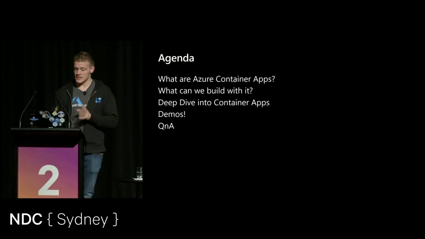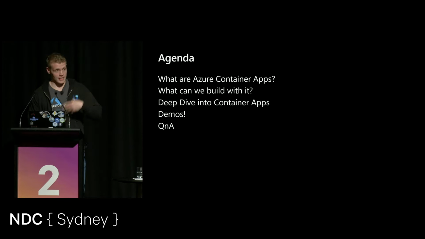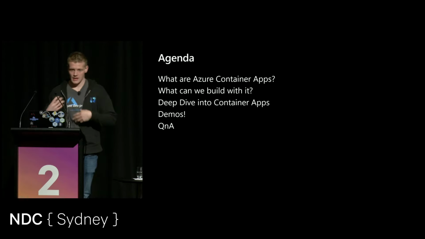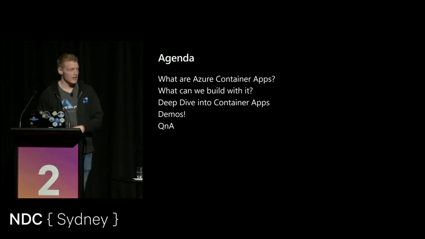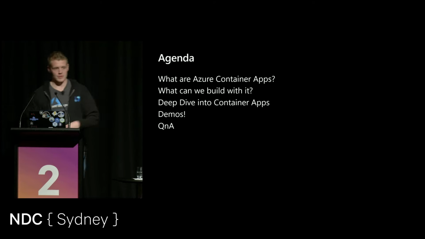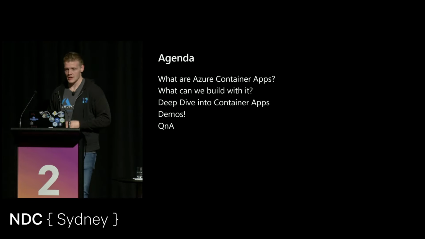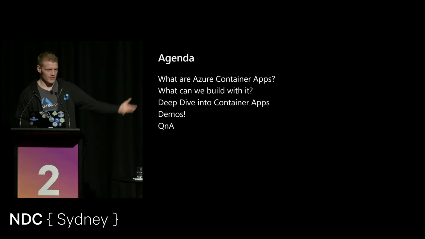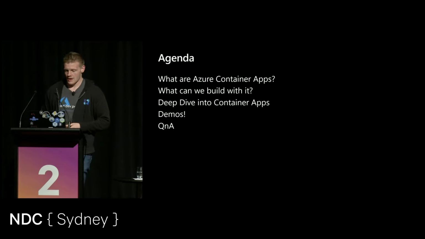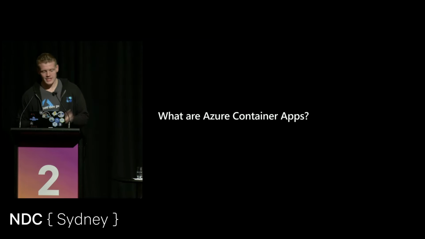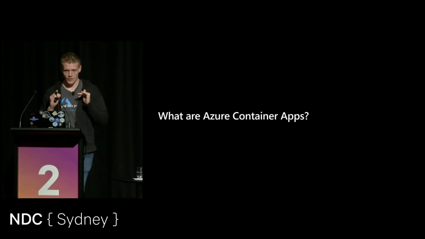And then I've got a couple of demos where I'll show you different ways we can get started with container apps, so basically provisioning container apps, and then I'll start evolving those demos into showing you how that works with CI/CD, how we can build our container images and deploy them to container apps, mainly in GitHub Actions, but the principles that I'll show you are applicable to other platforms as well, such as Azure DevOps and GitLab. So let's dive in. Let's start with a very high level of what Azure Container Apps actually is.